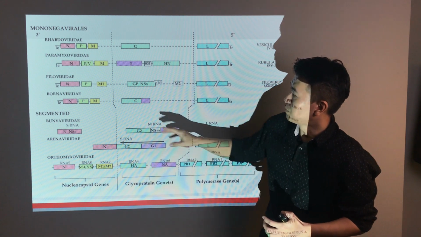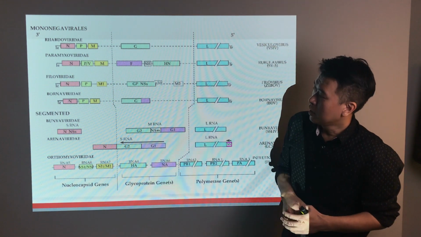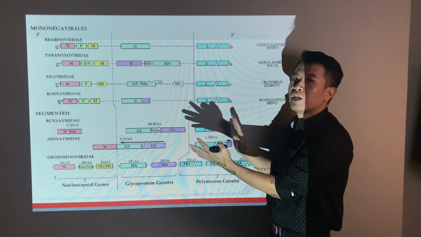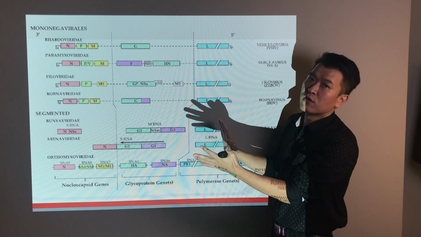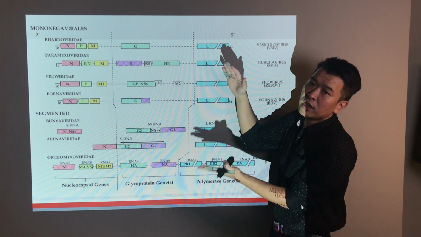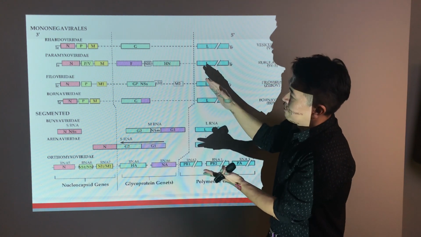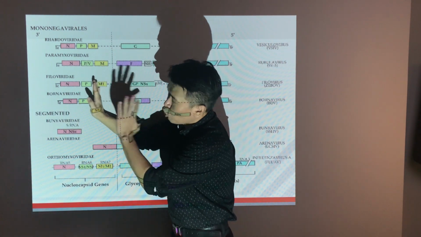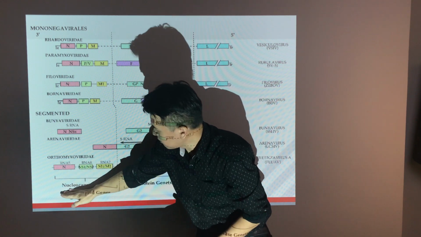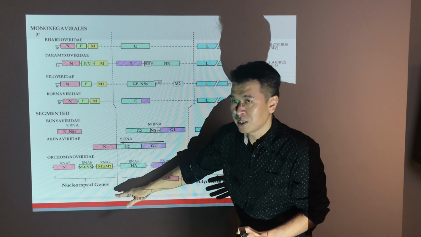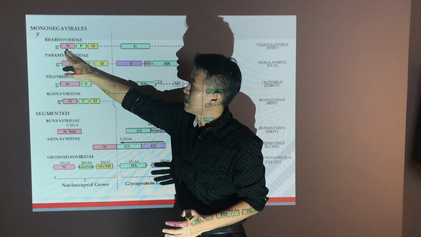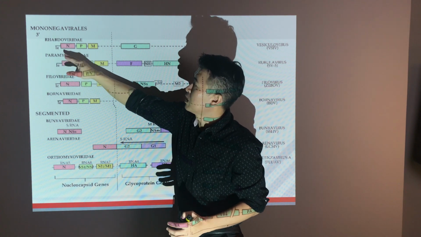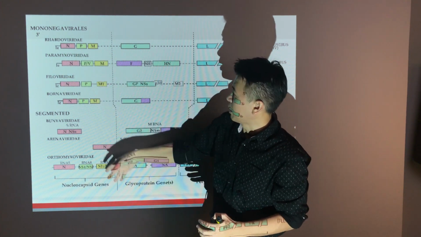So what we can see here is that the arrangement of the RNA genome is quite conserved across negative-strand RNA viruses. From the 3' end, we always have the nucleocapsid gene, the phosphoprotein, and the matrix.